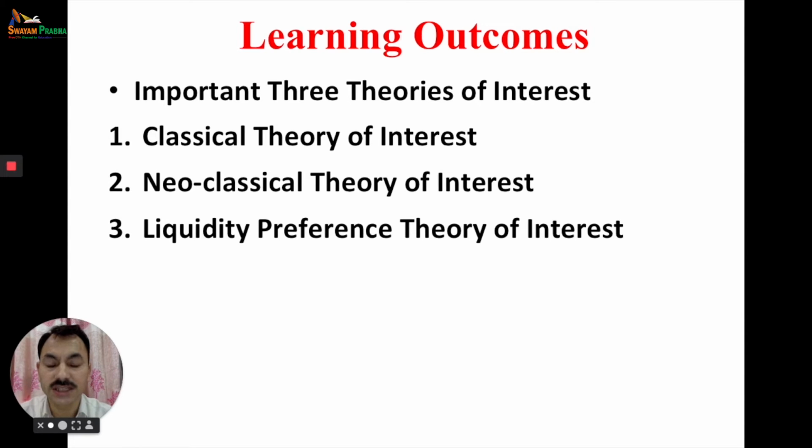As classical says that supply creates its own demand, whereas Keynes says no, demand creates its own supply. So it is a demand side theory, and this theory is based on the assumption of the short run and not a situation of full employment in the economy. So let us discuss one by one in detail.